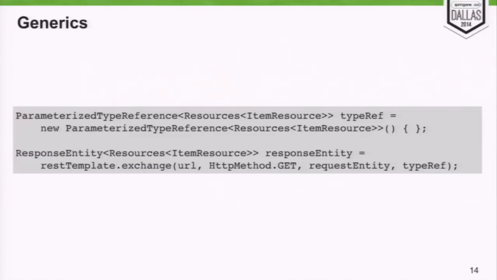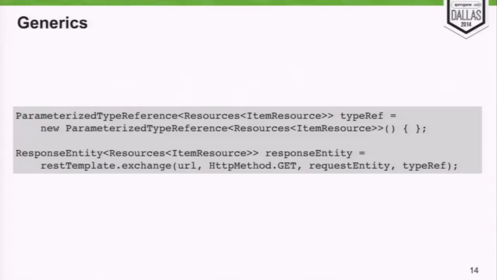Okay, so I mentioned generics, and this is why generics is important. Unfortunately, it's also ugly. So parameterized type reference was introduced in Spring Framework a little earlier, and now this is actually available in Spring for Android. But you can see this resources object that's in here. It's just nested generics.